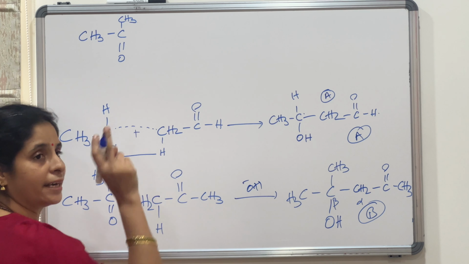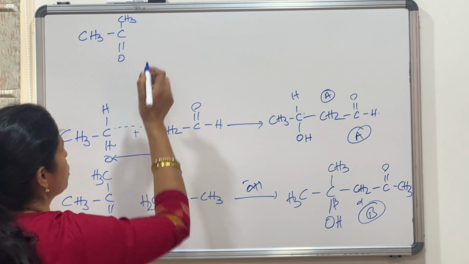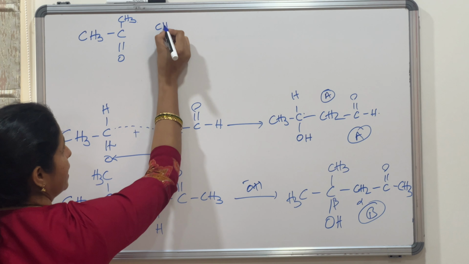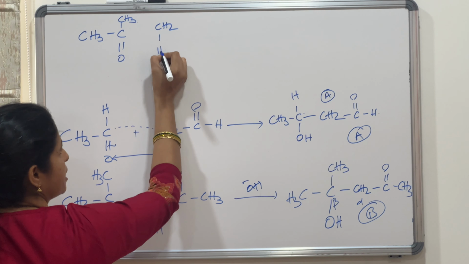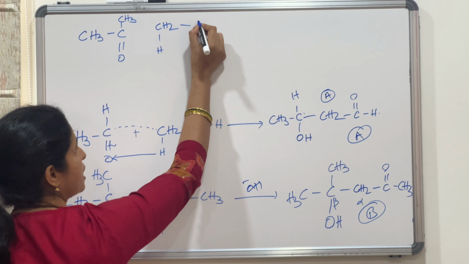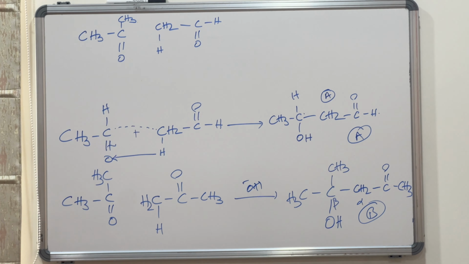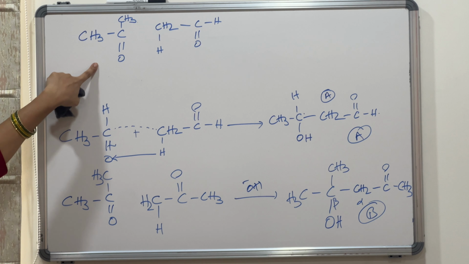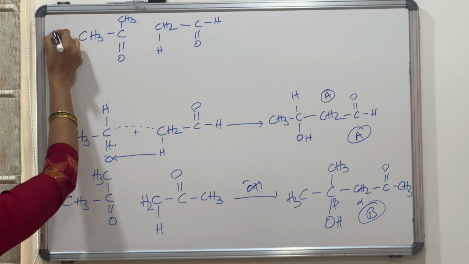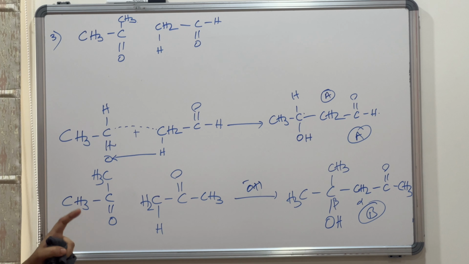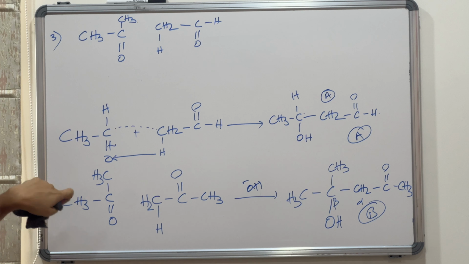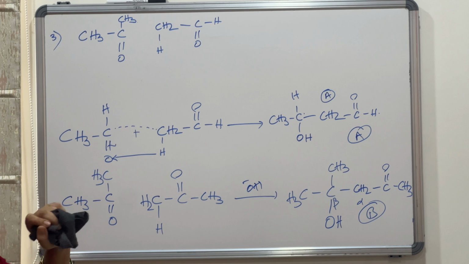Second, it is a crossed aldol condensation, no? So second, you take acetaldehyde, CH3CHO. You take that alpha hydrogen out and write C double bond OH. So the first molecule I have taken like this gives the third product. How to write the third product? Because it is a crossed aldol condensation, we have taken an aldehyde and a ketone.